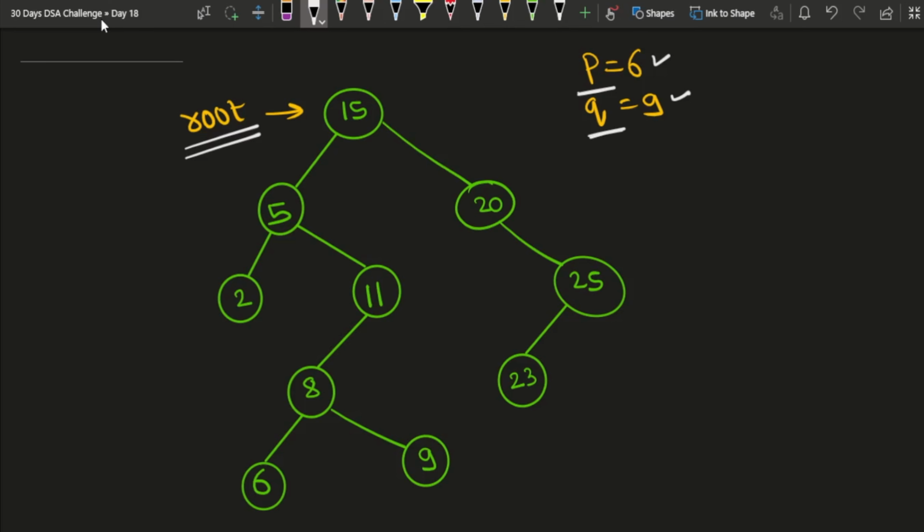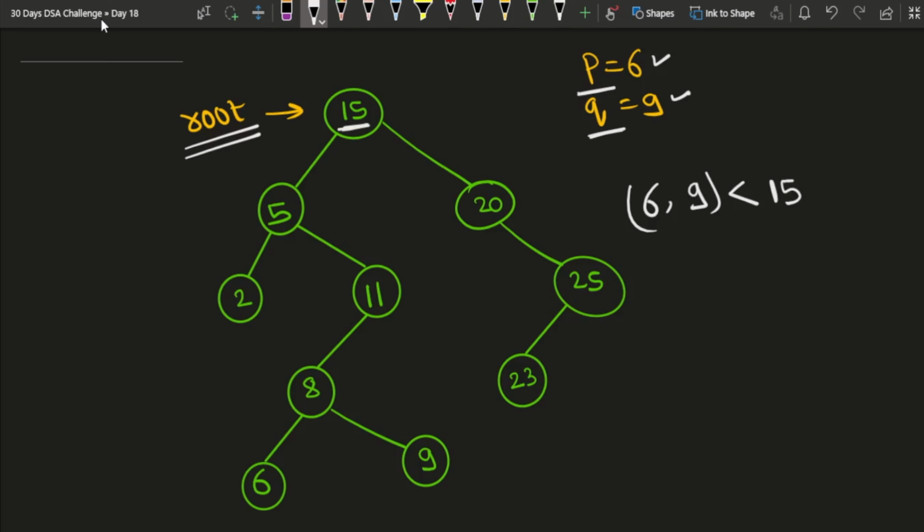Then I will try to find out who is the lowest common ancestor, right? So if I'm standing at my root node, what is the value of my root node? The value of my root node is 15, and I am looking for two nodes and their values are 6 and 9, right? And you can clearly see that both the values 6 and 9 are lesser than 15, right?